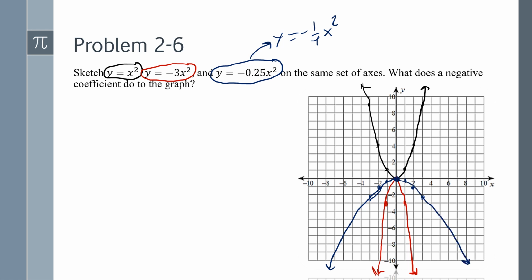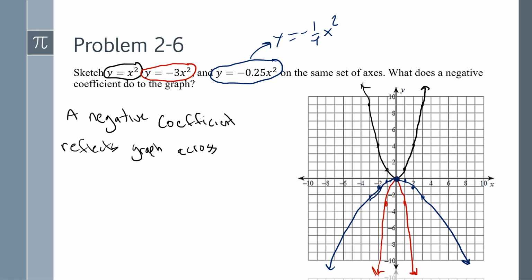This one is significantly wider. And so what does a negative coefficient do? A negative coefficient reflects the graph across the x-axis.